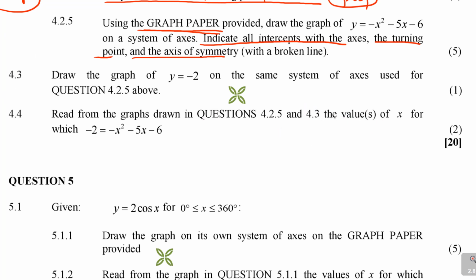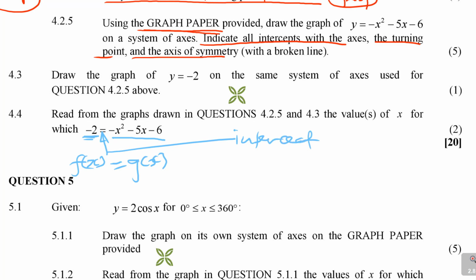The value or values of x for which the equation is equal to that. When they make this graph, this is the graph of y. Sometimes they say f of x is equal to g of x, where at the point of intersection, that equal sign is where the graphs cut each other.